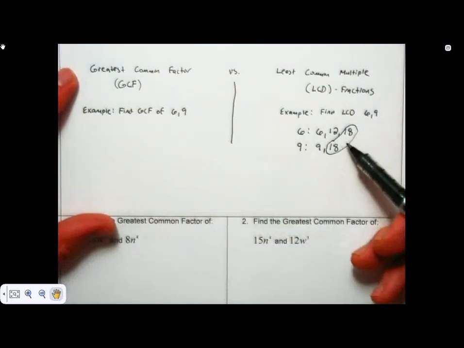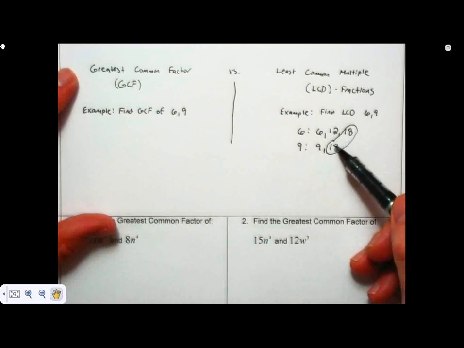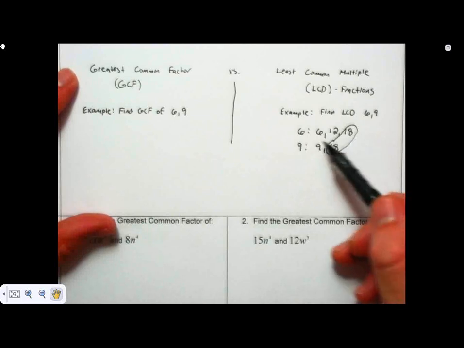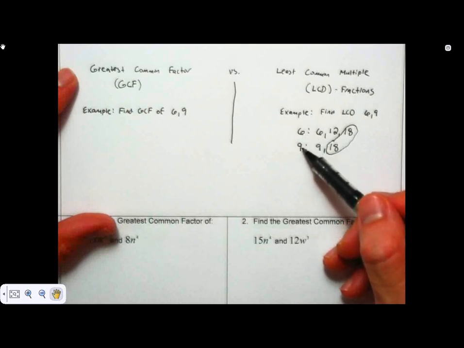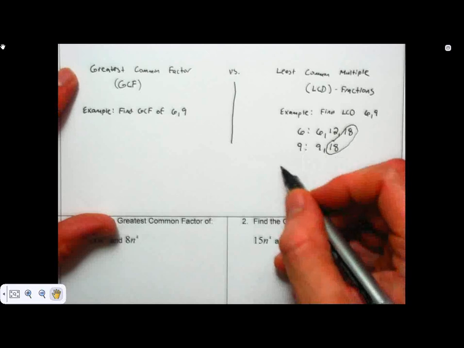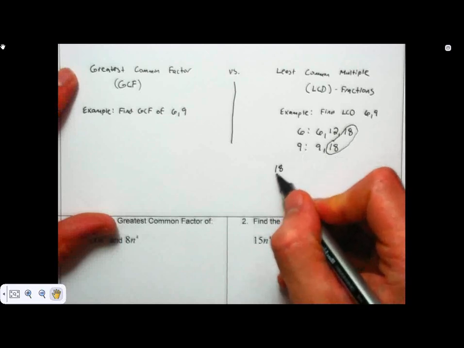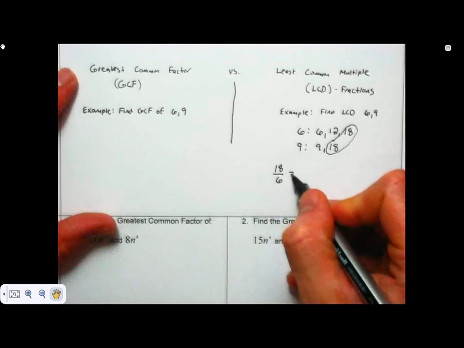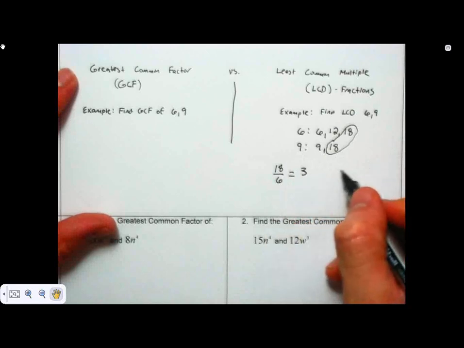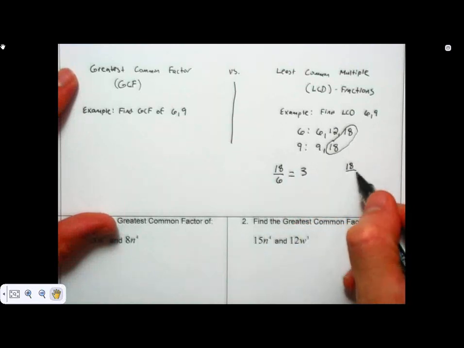Now, why is 18 special? Well, 18 is the smallest number that when I divide this number by either one of my originals, I'm not going to get a remainder. So in other words, if I do 18 divided by 6, I get a whole number answer. And when I do 18 divided by 9, I get a whole number answer.